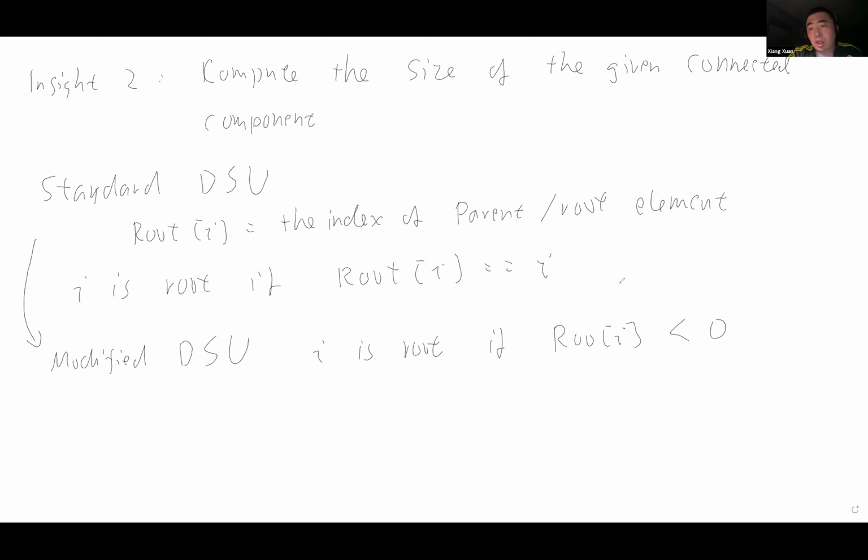So if I is root, the root I will equal to the negative size of the component I. Then if I is not a root, we'll basically store the parent index.